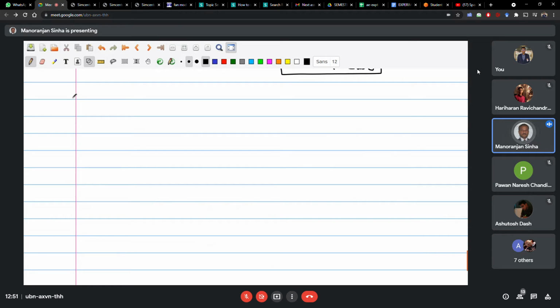Okay, so what we have worked out is cos theta equal to... this can be simplified a little bit.